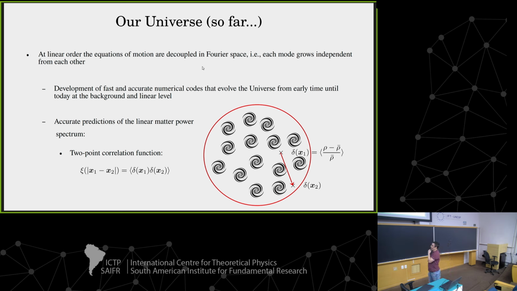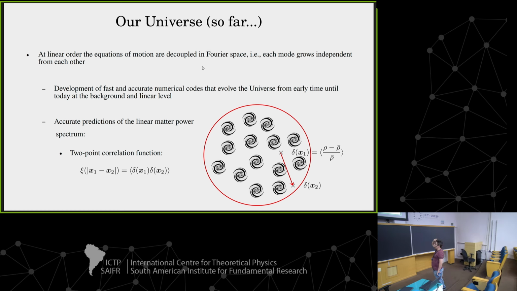The two-point correlation function measures the excess probability of finding, for instance, two things next to each other. So basically here on the right-hand side, it measures the difference, the density perturbations, between two points, okay? These are just galaxies, but I'm going to talk about the matter power spectrum today.